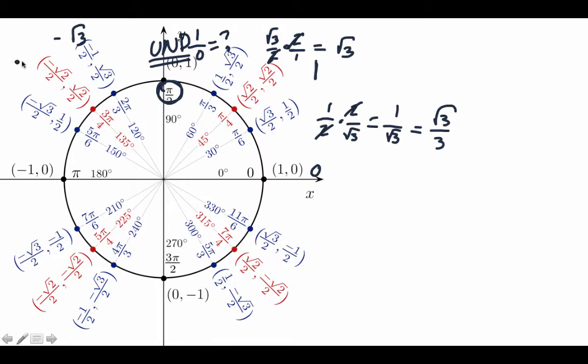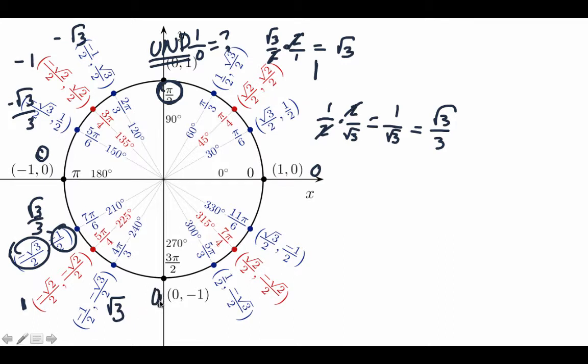And over here it's negative 1. And over here it's negative root 3 over 3. And here it's negative 0, but that's just 0. And then down here, you get a negative over a negative. And that's where you're going to get a positive root 3 over 3. And here you'll get a positive 1. And here you'll get a positive root 3.